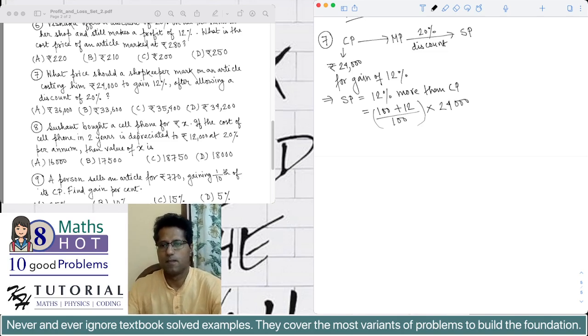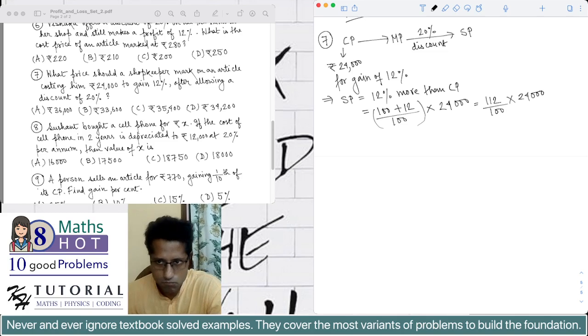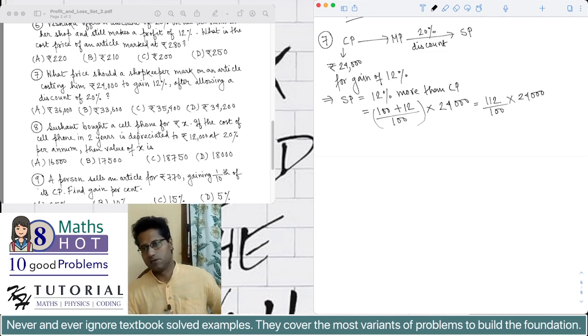So the selling price is 112 divided by 100 multiplied by 24,000, and the selling price is obtained from the mark price after giving a discount of 20%.